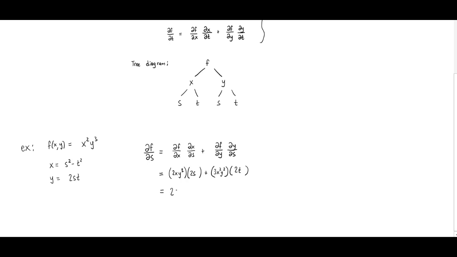So if I plug in s squared minus t squared for x, and then if I plug in 2st for y, then this would be the chain rule in terms of s and t. 3, and then I'm going to have x squared times y squared, and then we have times the 2t at the end here, okay?